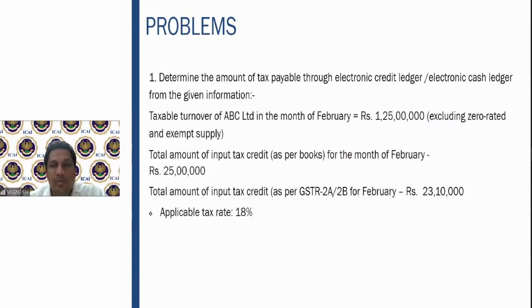Now, please try to answer this problem. Determine the amount of tax payable through credit ledger or cash ledger from the given information. Taxable turnover of ABC in the month of February is 1 crore 25 lakhs, excluding zero rated and exempt supply. Total amount of ITC as per books in February is 25 lakhs. Amount of ITC as per 2A or 2B for February is 23 lakh 10,000. Applicable tax rate is 18%. Please try to answer this problem.